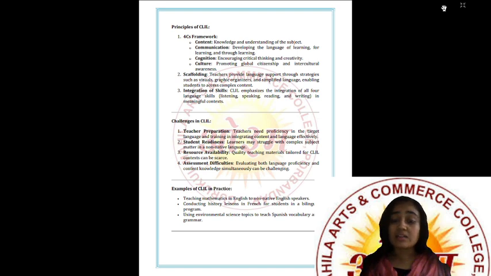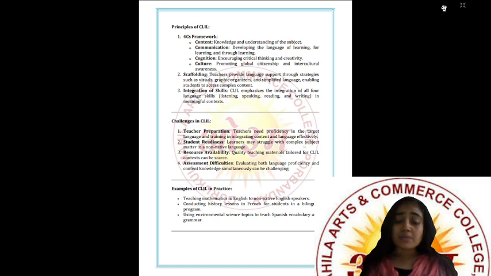Student readiness. Learners may struggle with complex subject matter in a non-native language. So they should be firm that okay, we want to learn. Third one is resource availability. Quality teaching materials tailored for CLIL contexts can be scarce. So resources are not that much available.